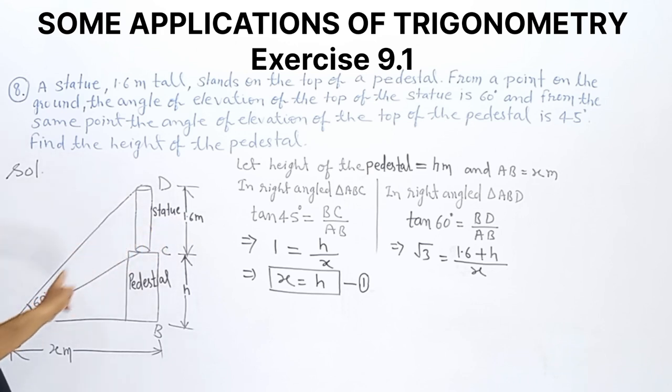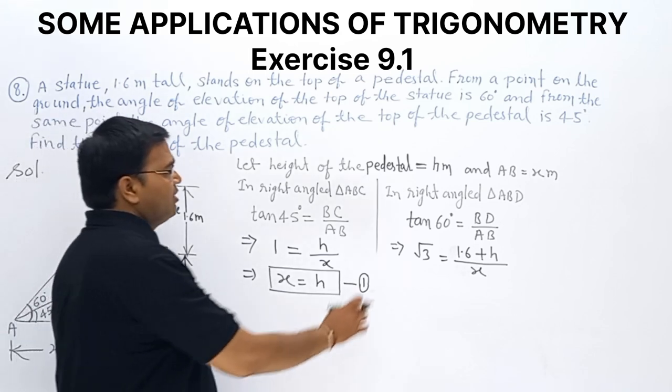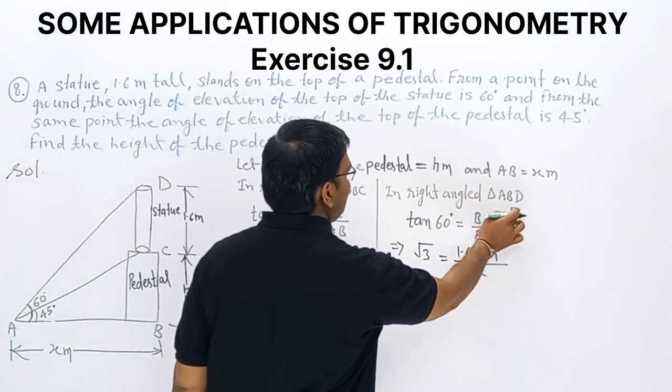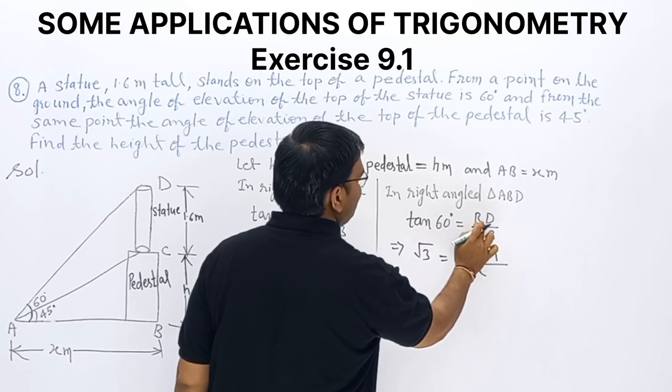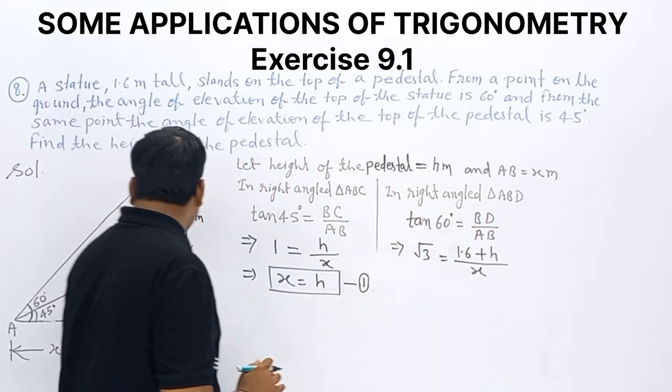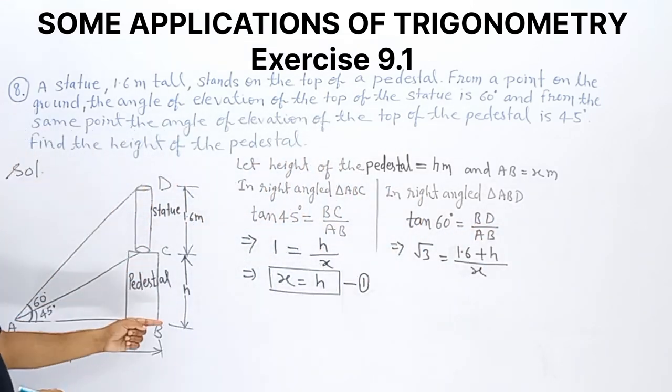Clear? This will be the perpendicular, and its adjacent side will be the base. So again we will use tangent theta. So in right triangle ABD, tangent 60 equals BD upon AB. I hope you understand. BD will be the perpendicular, and AB will be the base.